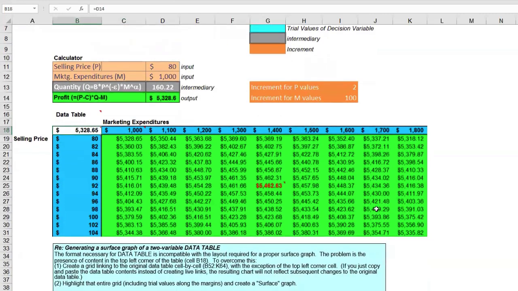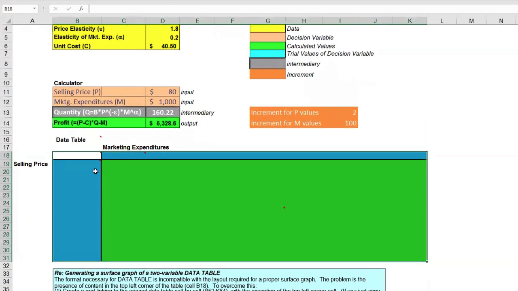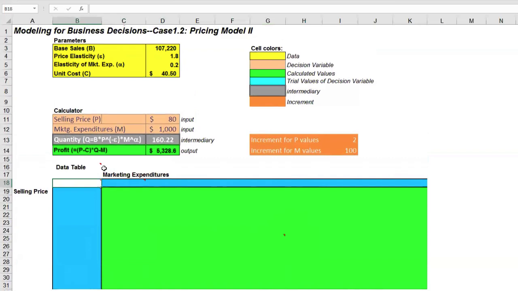So let me start from scratch for this table. I erase all of the values, and we make this cell equal to the profit function we specified in the calculate section. And we are going to prepare the selling price. Let's suppose we have an initial value for the selling price equal to 10. And we make the second cell equal to 10 plus the increment we specified over here in I13.